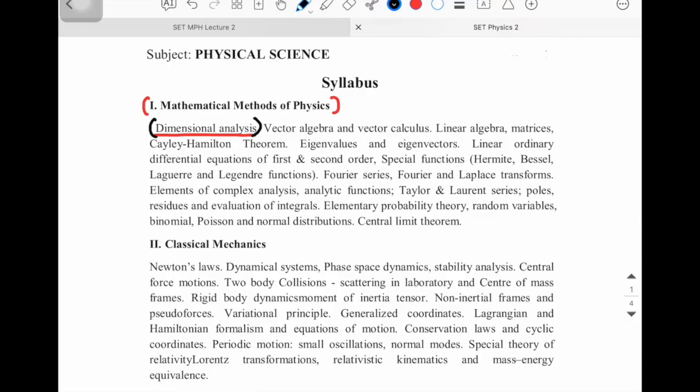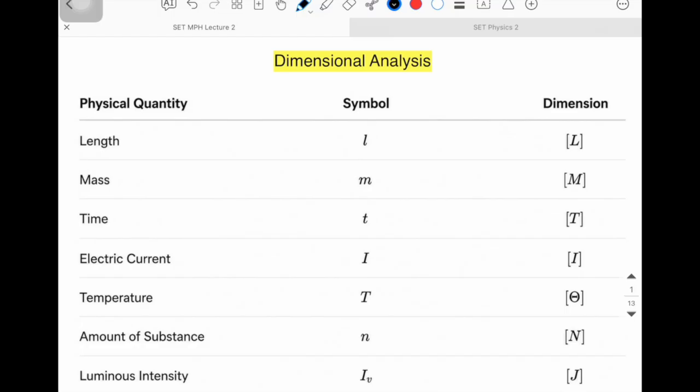In this class we explain each and every type of problem that can be asked or has already been asked in the State Eligibility Test. In dimensional analysis, the first thing we have to know is the fundamental physical quantities and their dimensions.